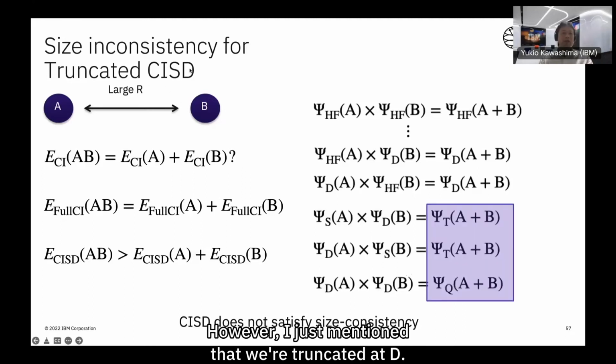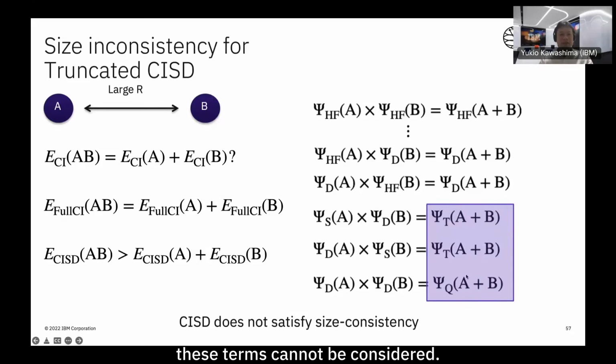However, I just mentioned that we're truncating at D, so if we use CISD, these terms cannot be considered.